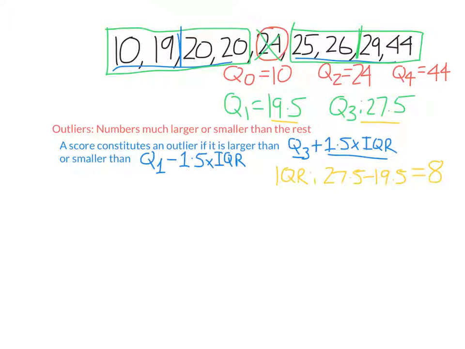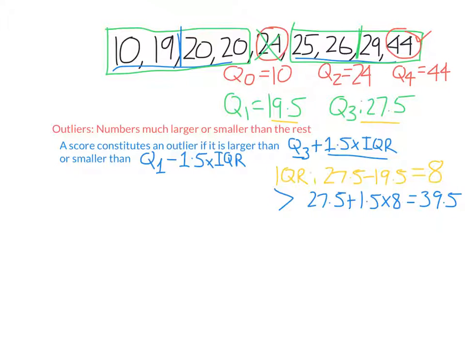So a score will constitute an outlier if it's more than Q3 plus 1.5 times the interquartile range, which is 39.5. So any score above 39.5 constitutes an outlier. So of course that means 44 is considered an outlier.